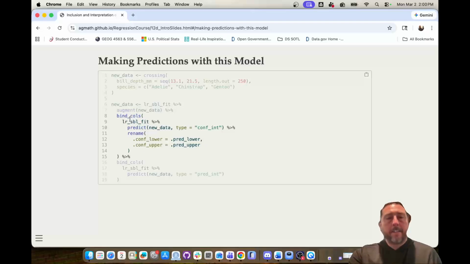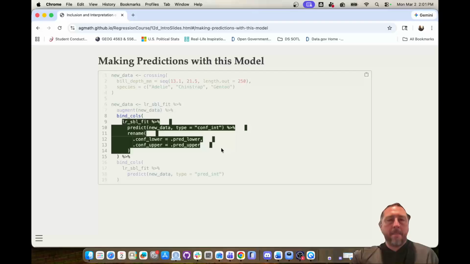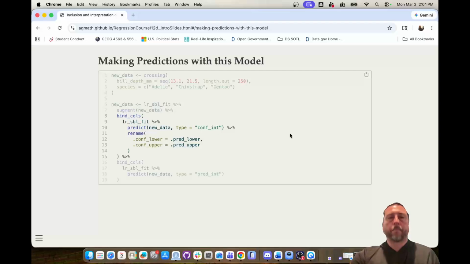So all of this, again, I'm taking my fitted model object, I'm making predictions on my new data. Out of the predict function only comes a lower bound and an upper bound for the confidence interval that I'm asking for. Those aren't named what I'd like them to be named by default, so I'm going to rename them so that they better reflect what they actually are, the lower and upper bound for confidence intervals.